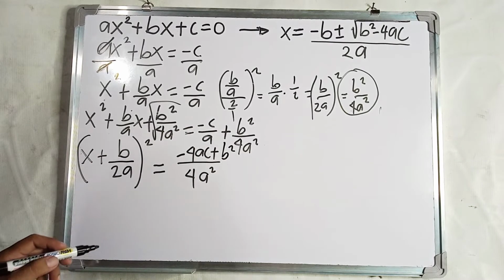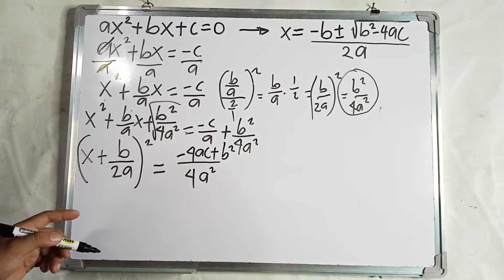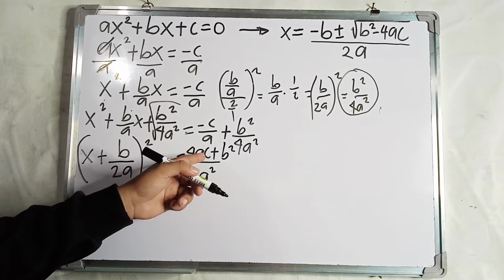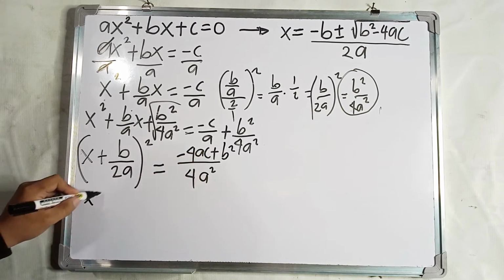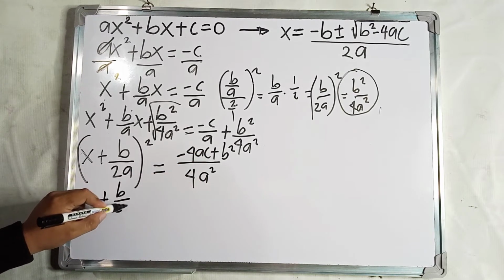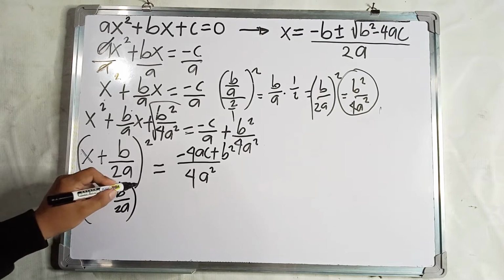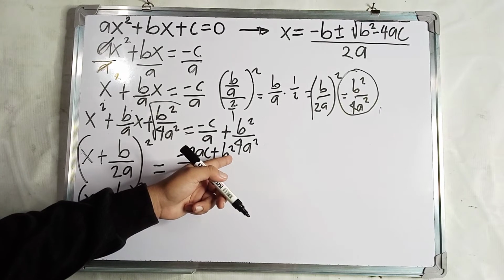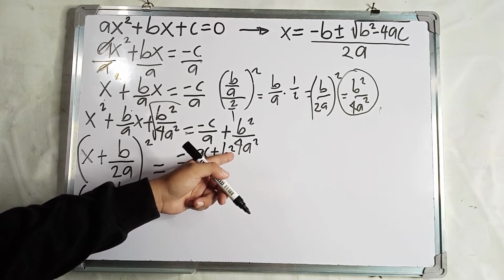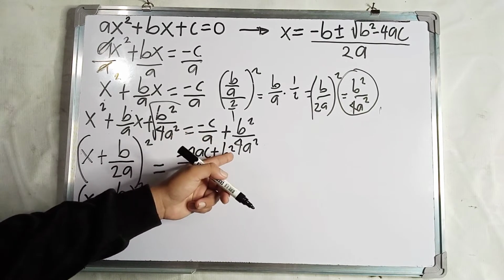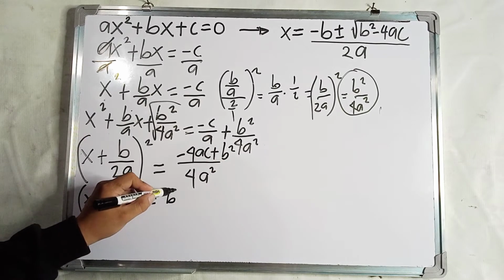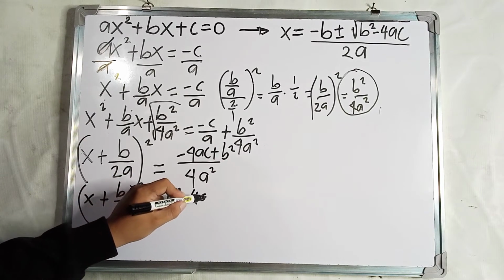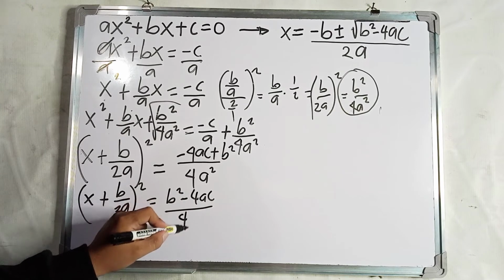Next, rewrite the left side: x plus b over 2a, squared. Then we arrange this expression, so b squared comes first because it has the higher degree: b squared minus 4ac all over 4a squared.